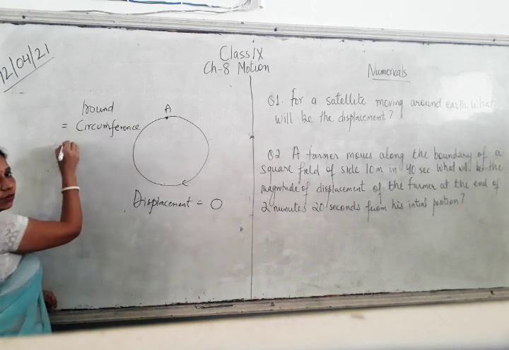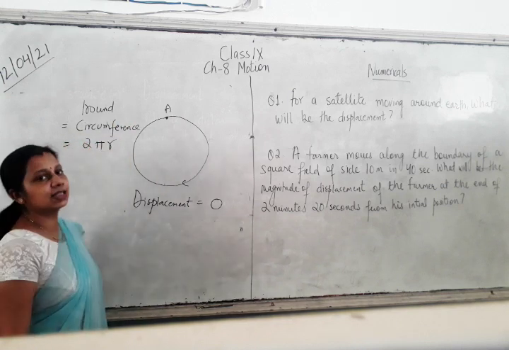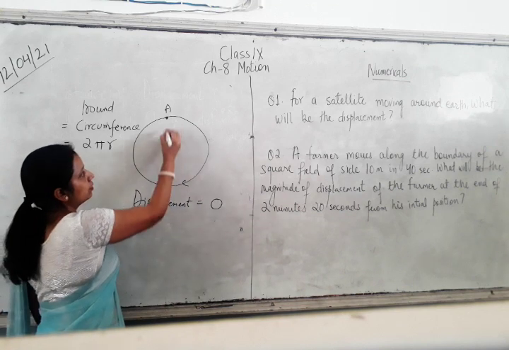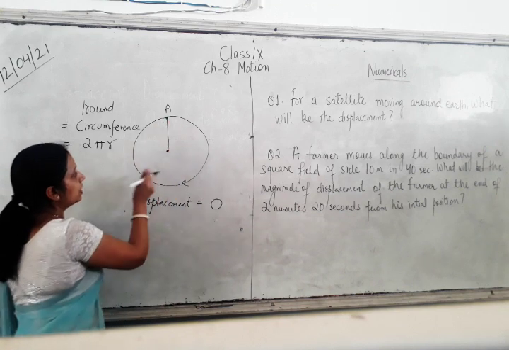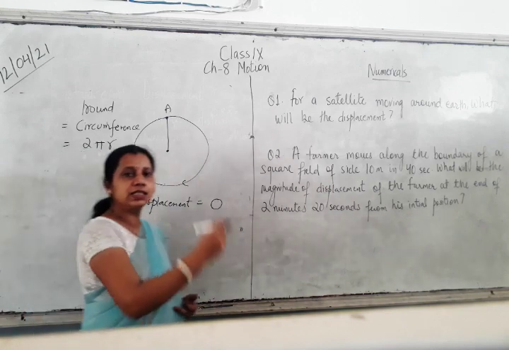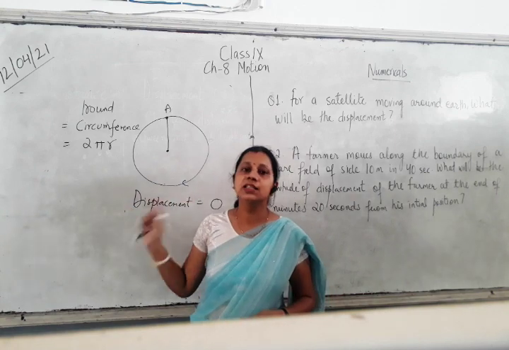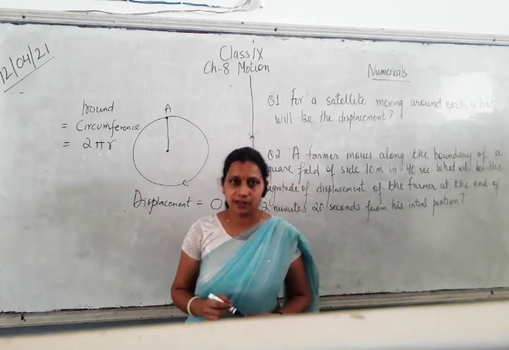The circumference formula is 2 pi r, where r is the radius of this circle. You put in r, the value of pi and 2, and that gives you the distance traveled by the satellite in one round. And displacement is 0 for this whole round.